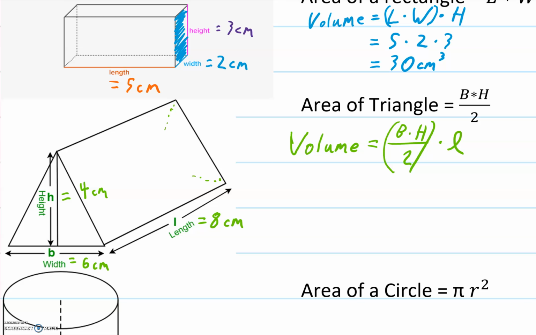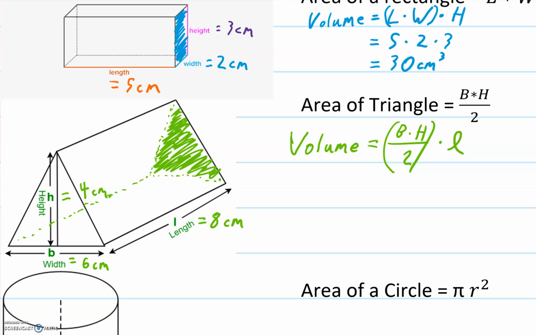Just so you can visualize the side that we are finding the area of. Right? It's this side here, or the front side, but I don't want to cover up the information that we have so far. So we find the area of the triangle, and then we multiply it by the rest of the side.